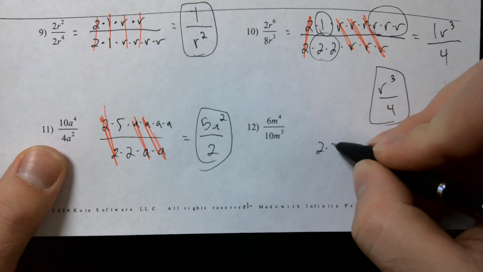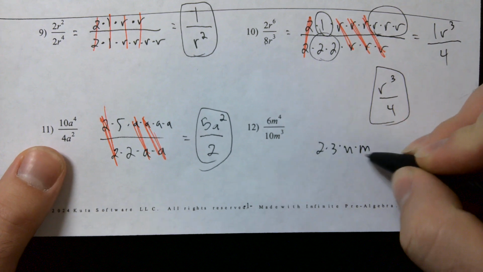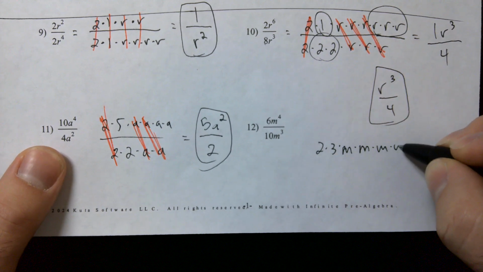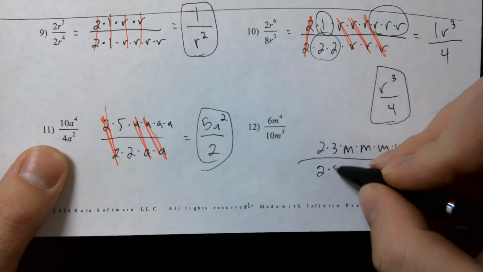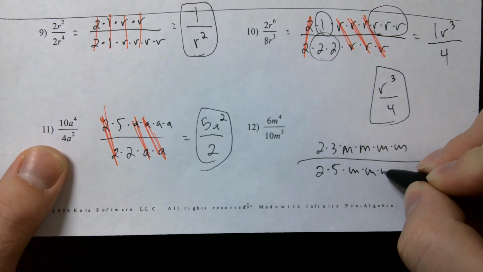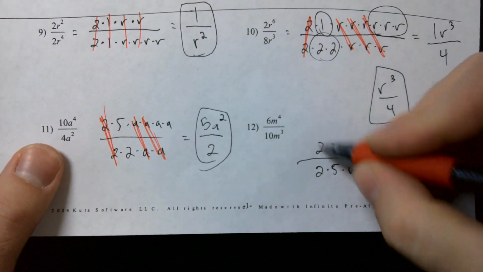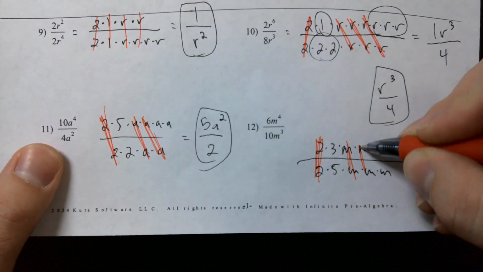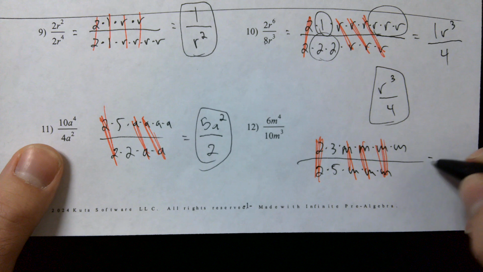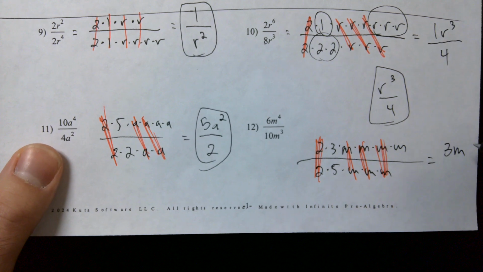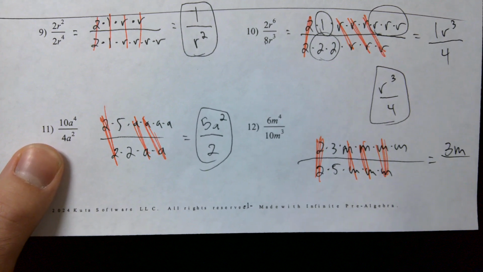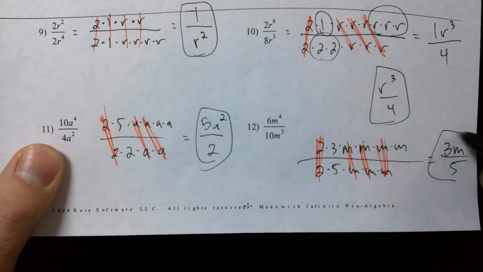Number 12, 2 times 3 with 4 m's. On the bottom, 2 times 5 with 3 m's. What can I cancel here? 2's and 3 of my m's. So on the top, I got 3m, and on the bottom, I've got just 5.